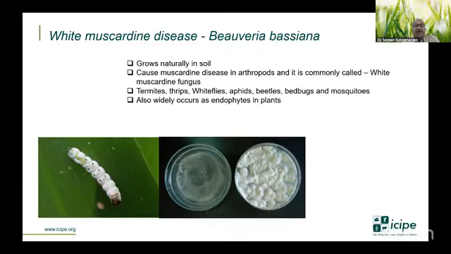The critical feature is that in the early stages of its growth, the fungus will be pure white in color, which can be an indication that you are having a Beauveria infection.